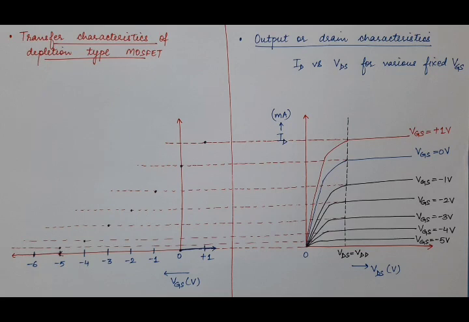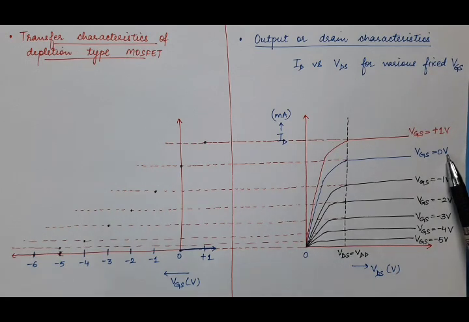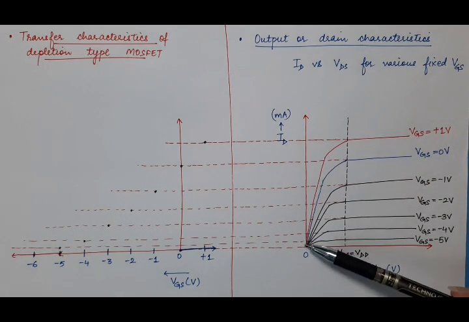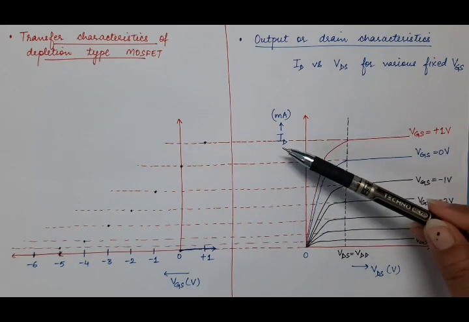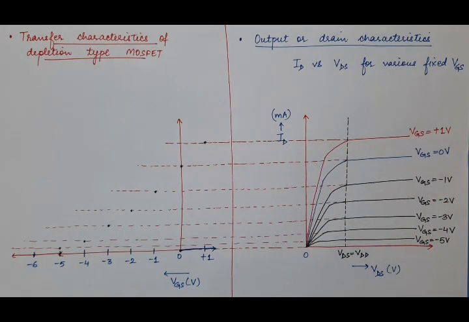The first case in working which we have discussed corresponds to VGS equal to 0 volts, where initially on increasing VDS, ID increases. But after some time, the potential at the drain terminal has increased the reverse bias near the drain side so much that it limits the number of charge carriers reaching the drain terminal.